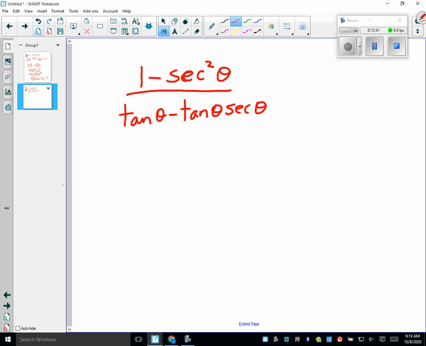Is it something squared minus something squared in the numerator? So how would that factor? 1 minus secant theta and 1 plus secant theta. Do you all agree?